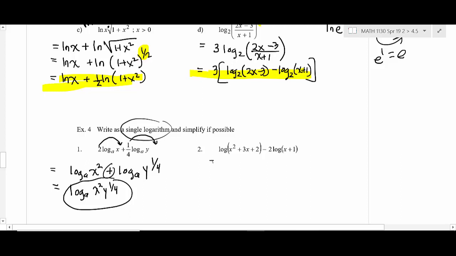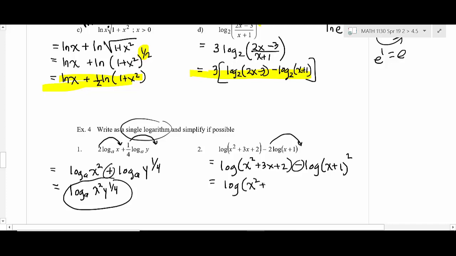And then this next one, again, bring the 2 in front. So you'd have log of (x squared plus 3x plus 2) minus log of (x plus 1) to the second. Now since it's a difference, you would put it together in a fraction. You would say log of (x squared plus 3x plus 2) over (x plus 1) to the second, like that.